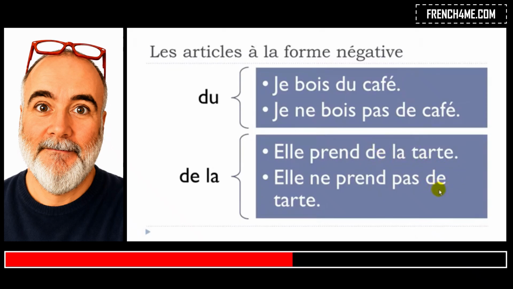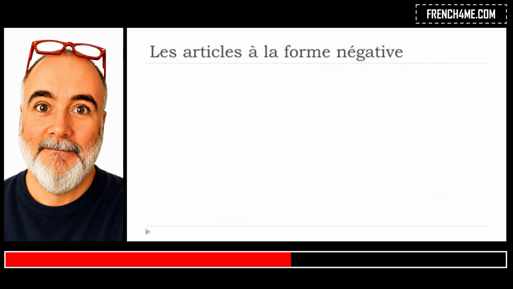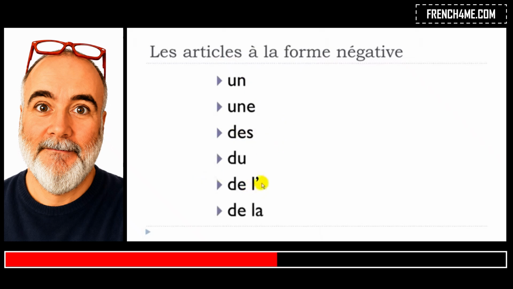All right? So what can we say if we've got un, une, or des? What we saw previously, this article indéfini, or if we've got du, de la, or de l', what we call les partitifs.